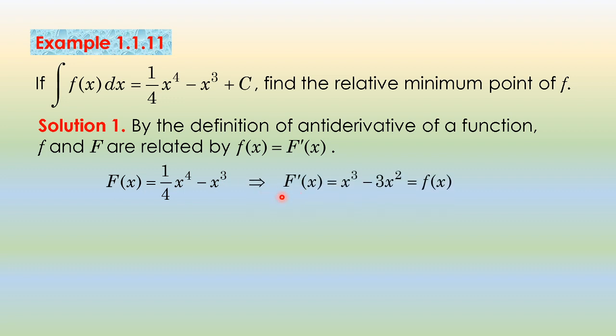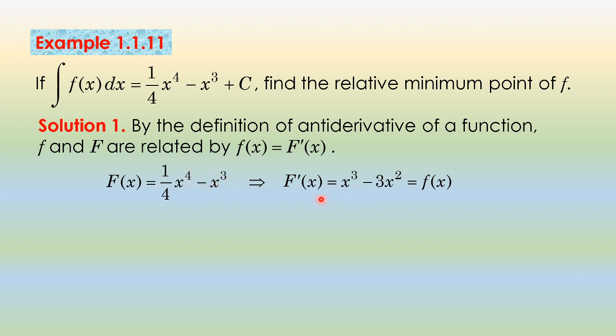Taking the derivative, we get 4 times 1/4, using our formula for differentiation. 4 times 1/4, so that is 1 times x to the 4 minus 1, that is 3, so we have x cubed.